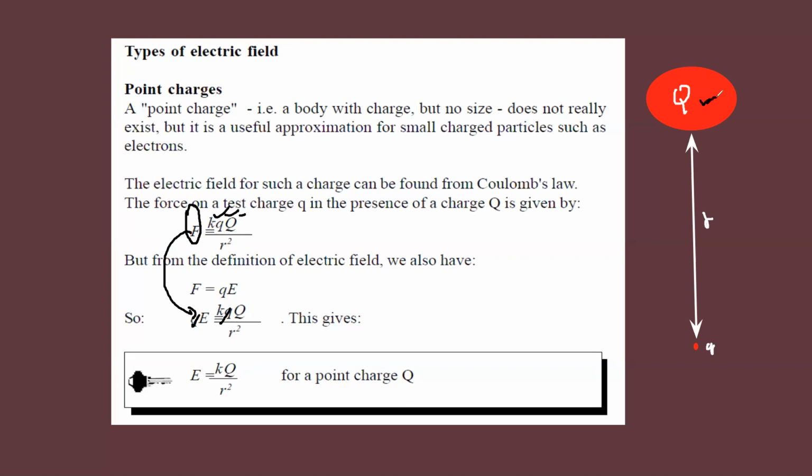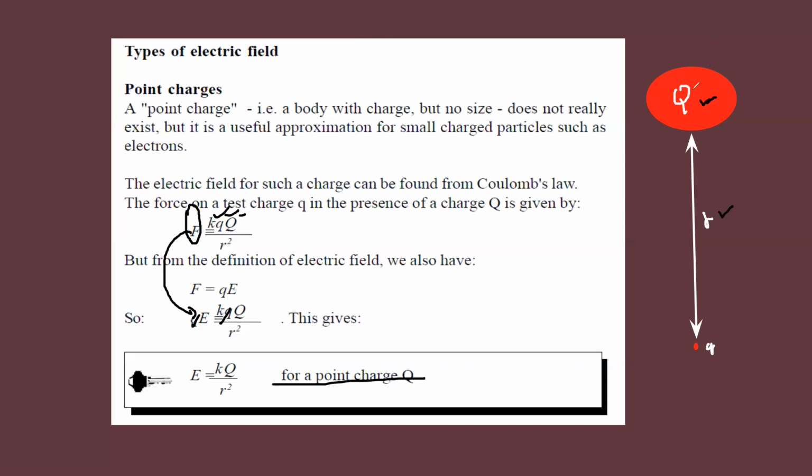If I know the value of the bigger charge and I want to find the strength of the electric field at any specific distance r, I can use this formula for a point charge Q. Is it clear? This charge is a point charge as well, with a charge but negligible size.